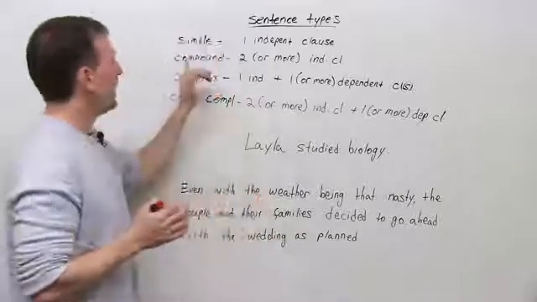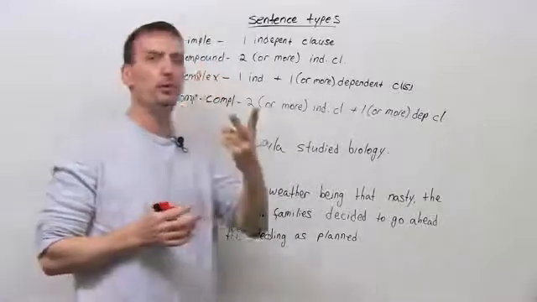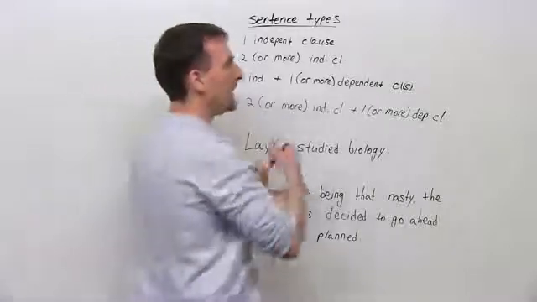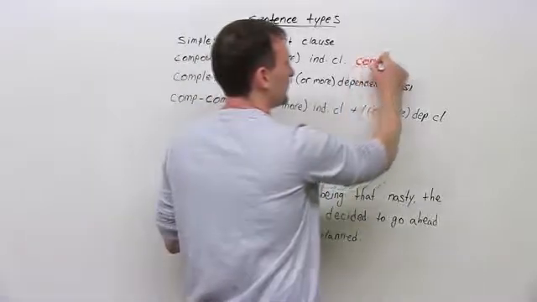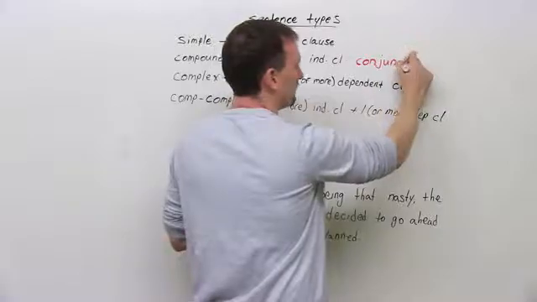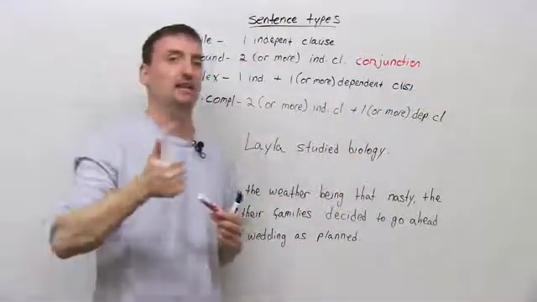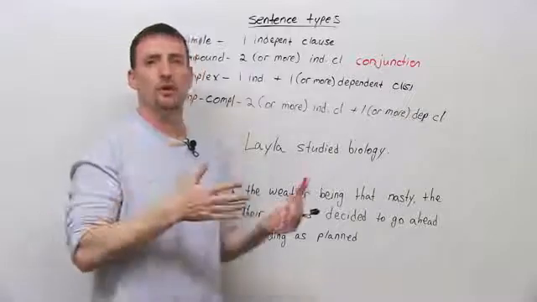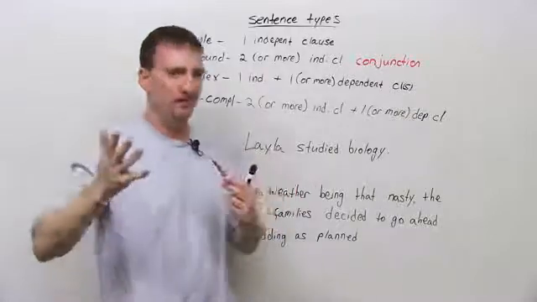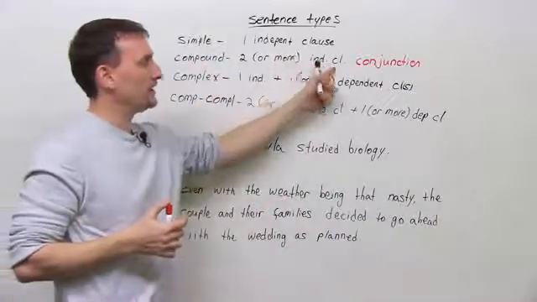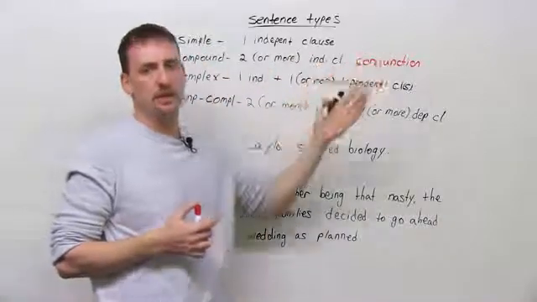Okay. A compound sentence has 2 or more independent clauses joined by a conjunction. A compound conjunction: and, but, or, so, for, not very common, etc. So we join 2 independent clauses with a compound conjunction.